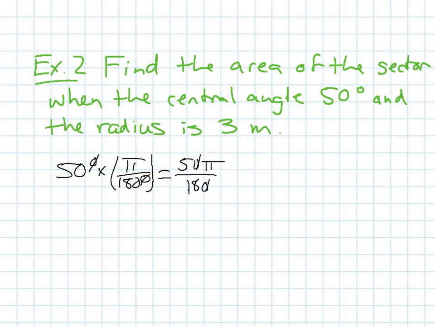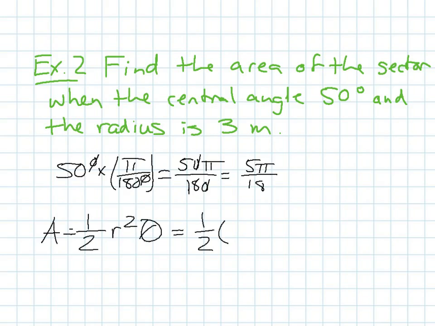Here I can reduce both by 10. That gives me 5 pi over 18. My formula will be area equals 1/2 times R squared times theta. So 1/2, my radius was 3 meters, so I put in 3 squared times 5 pi over 18.